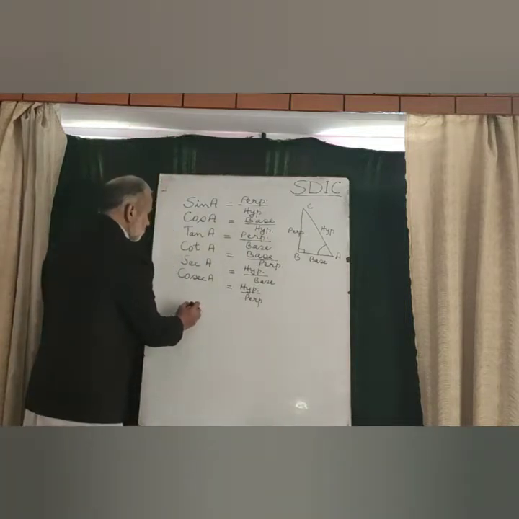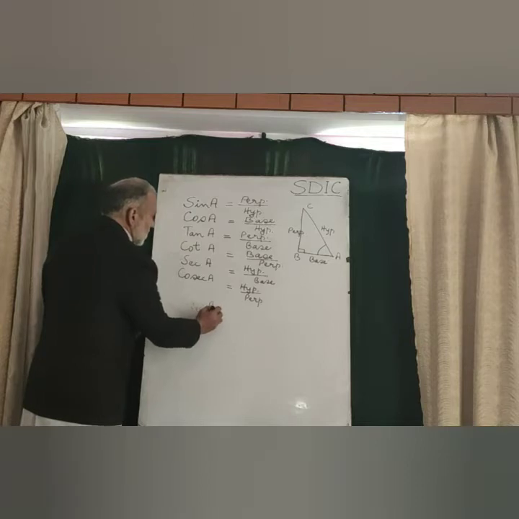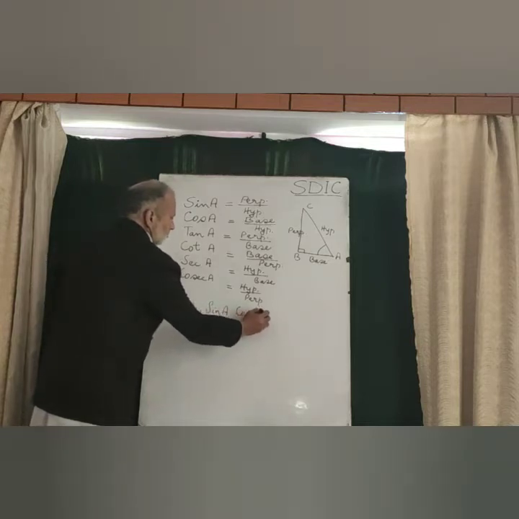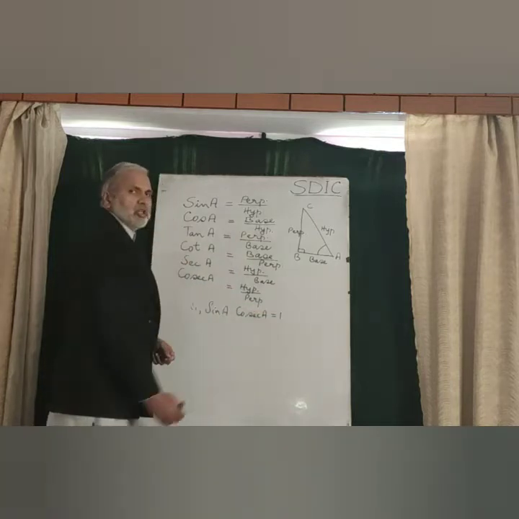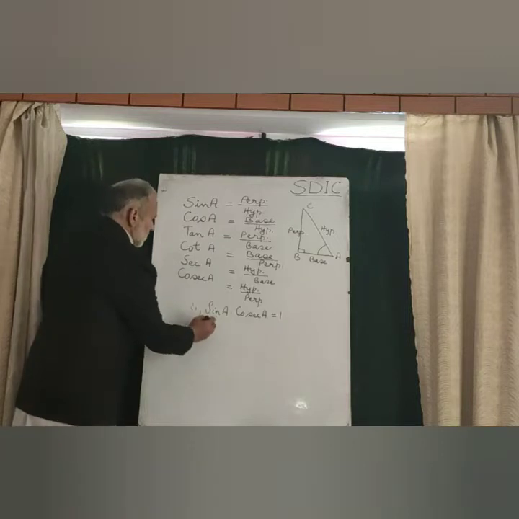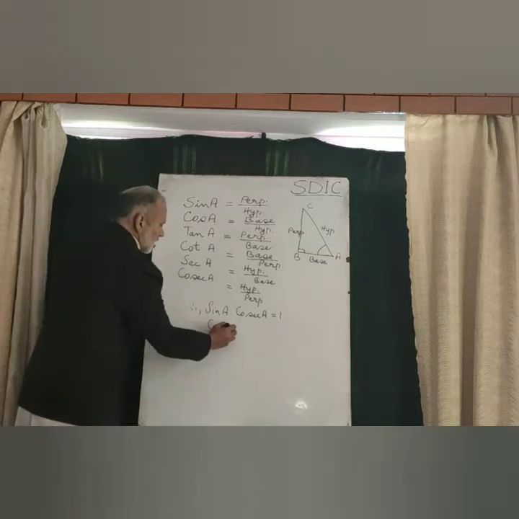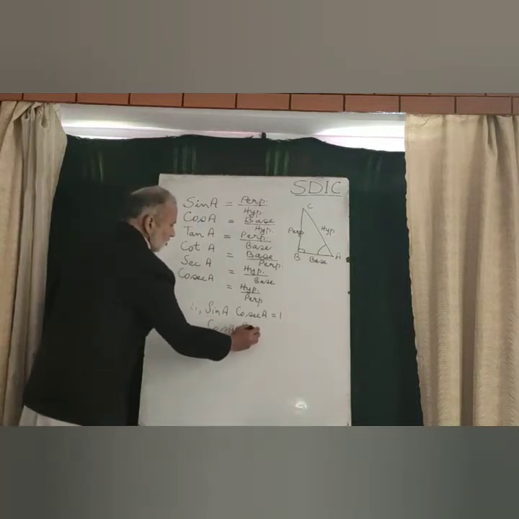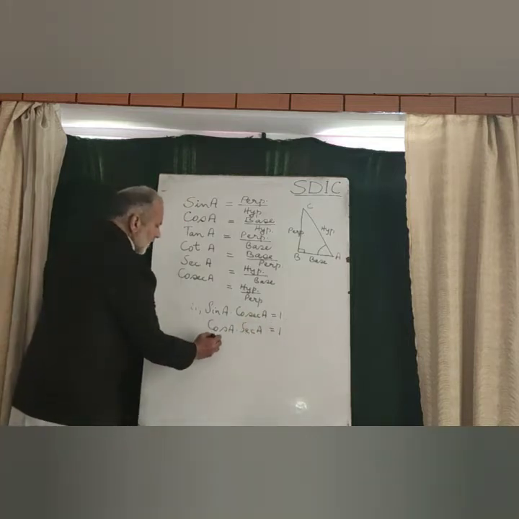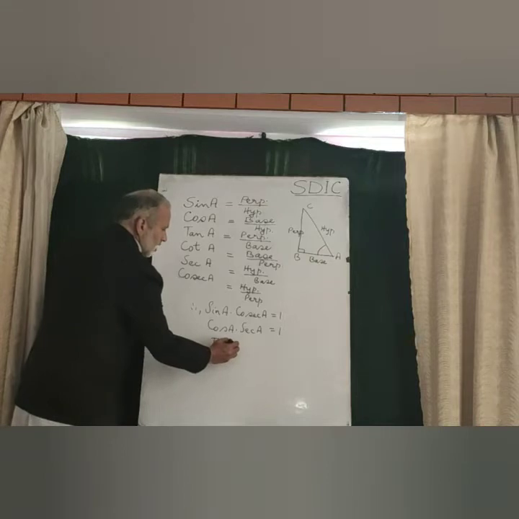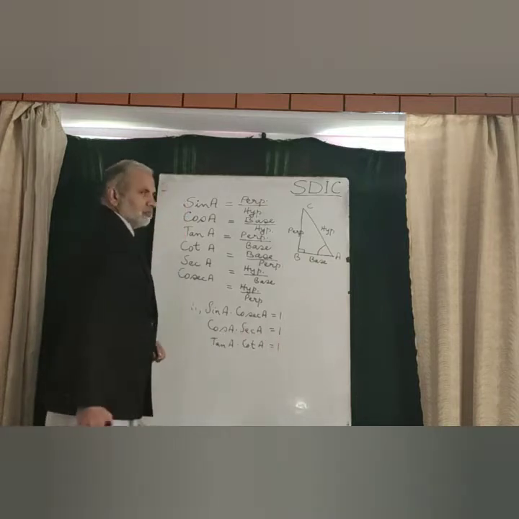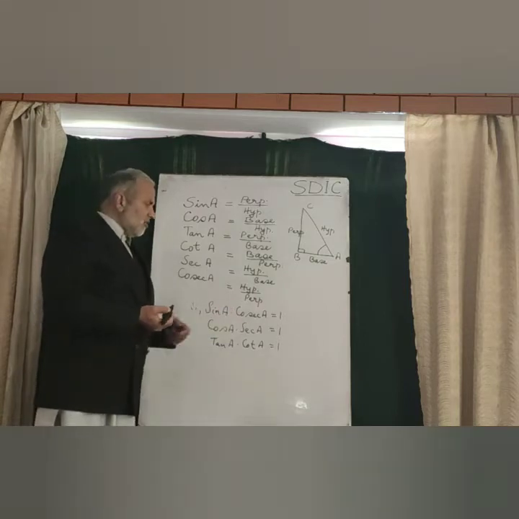Therefore, sine A multiplied by cosec A will be equal to 1. Likewise, cos A multiplied by sec A will also be equal to 1. Tan A multiplied by cot A is also equal to 1. The results can be verified also.